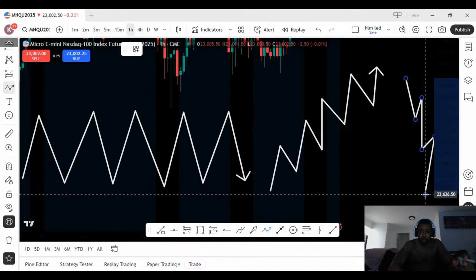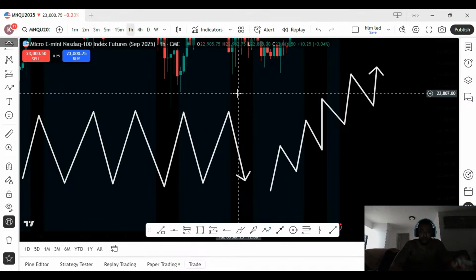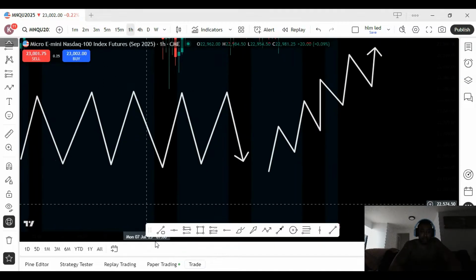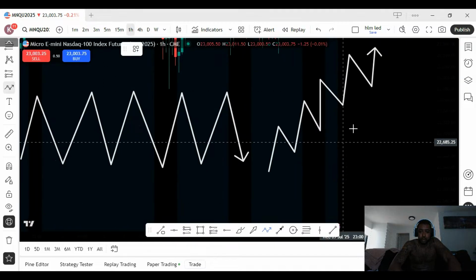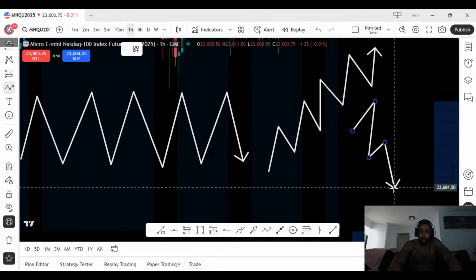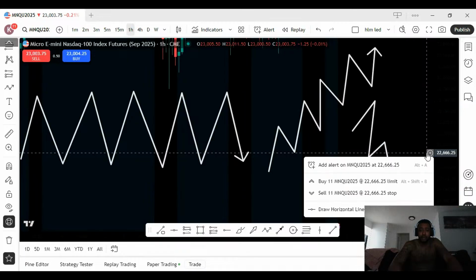Oh, let me do that a little bit better. I ran out of space. Do this a little bit better. This is a downtrend. Basically like that. So that's the difference.